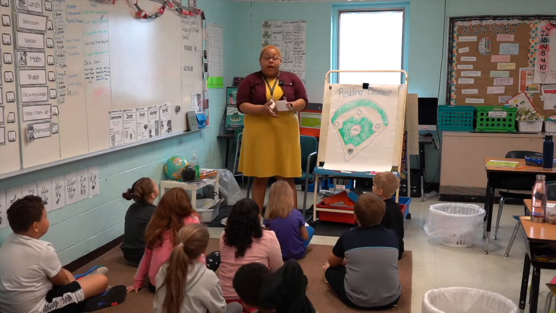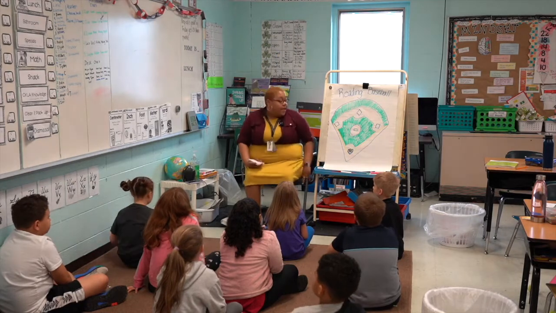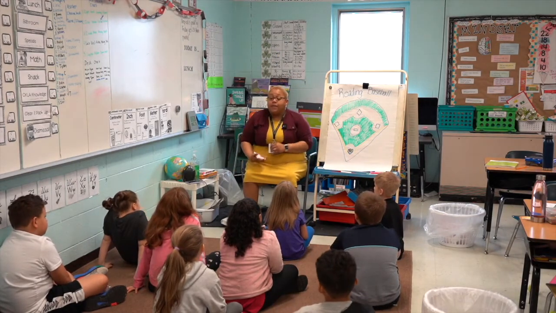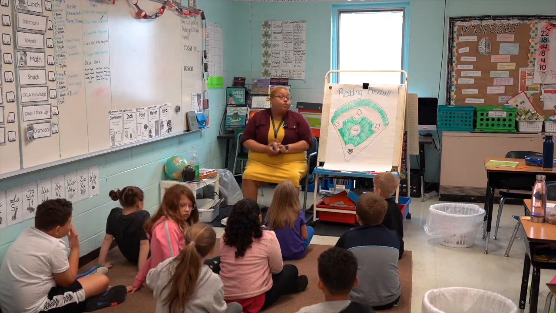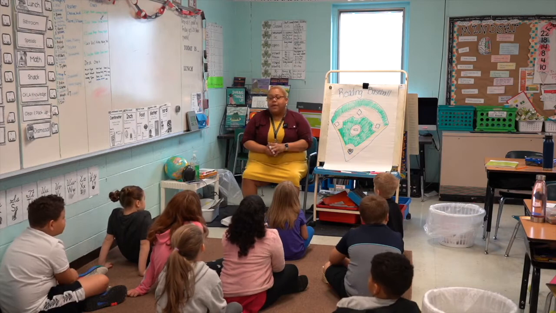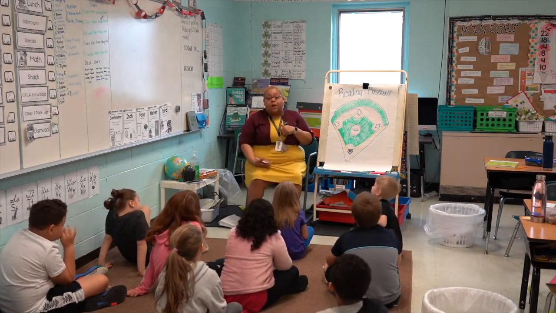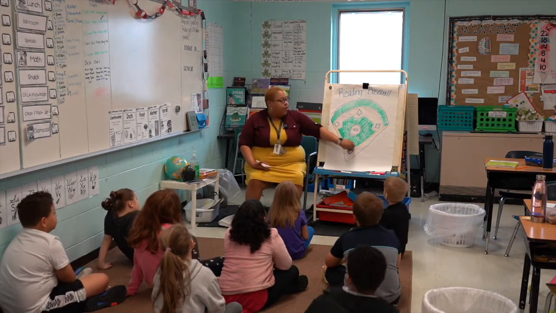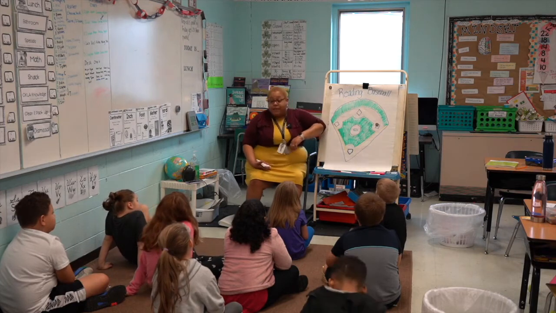What you're going to do is, when I split you into teams, I'm going to say team 1. And team 1 is going to get 10 minutes to score as many points as possible. And this is how you score. When I show a word, if the first person in line gets it right, you will get to move your player to first base.